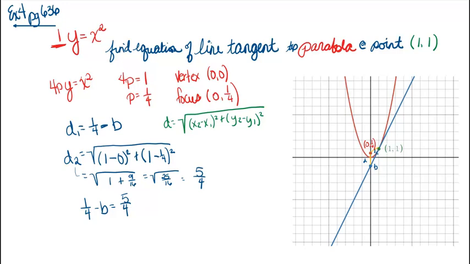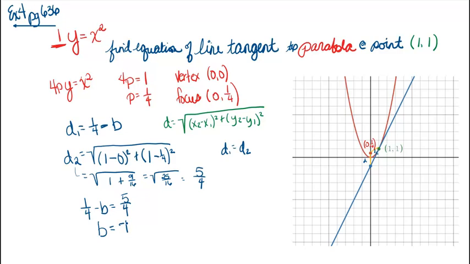As I said, d1 is equivalent to d2. The distance of the one little yellow segment is congruent to the distance of the other little yellow segment. So anyway, I'm going to solve for b here. I'm going to add b to both sides, subtract 5/4, and then use the commutative property. So I've got b equals 1/4 minus 5/4, which is negative 4/4, which is equal to negative 1. So b is negative 1.